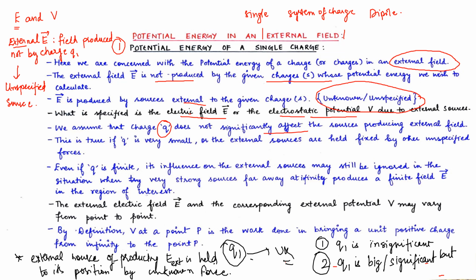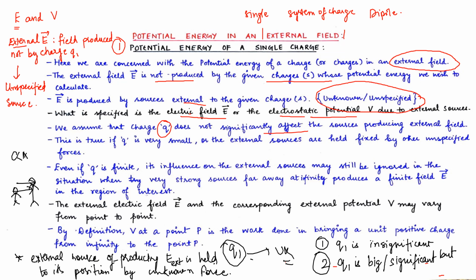So see, we are two human beings, one is a child and one is an adult. If a child pushes the adult, what will happen? The child will not have enough energy to push the adult and make the adult fall. First case is this: the child does not have strength compared to the adult.